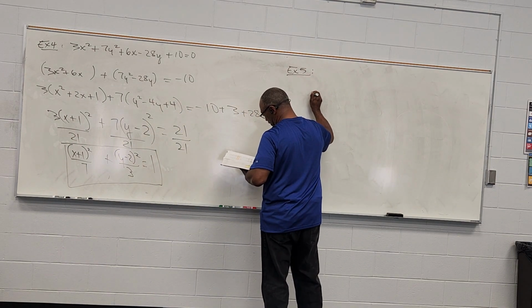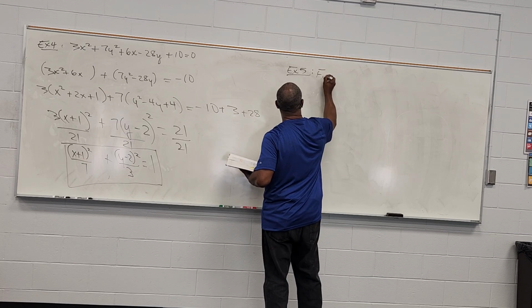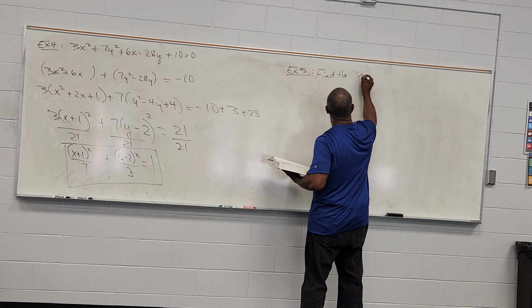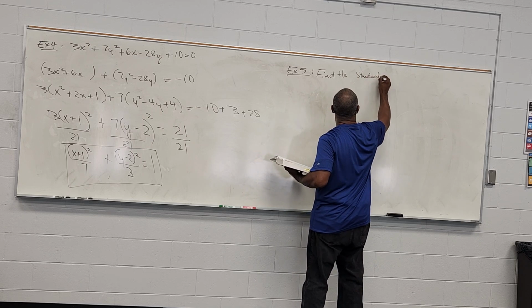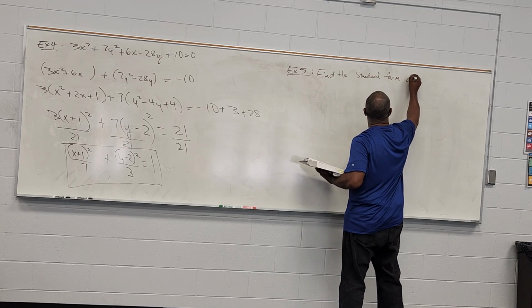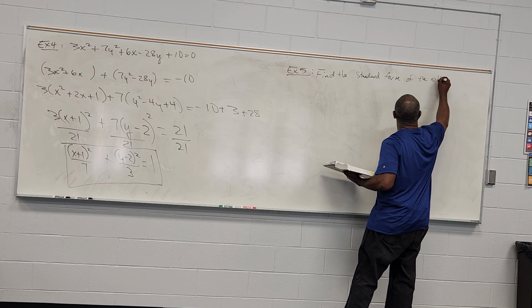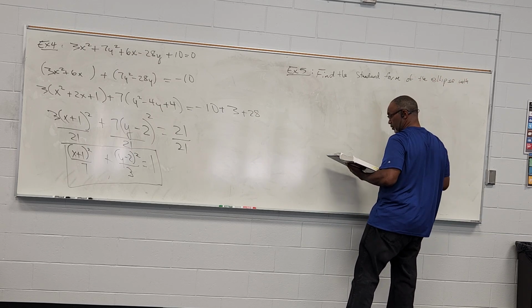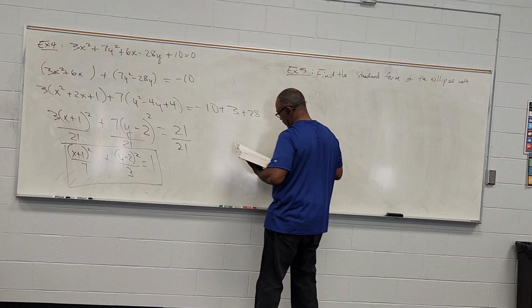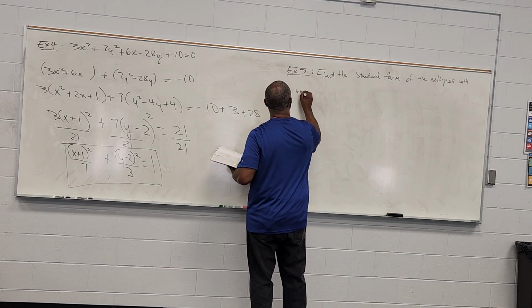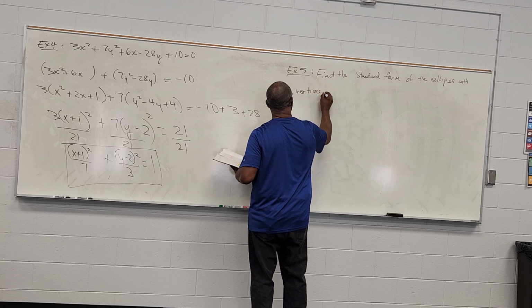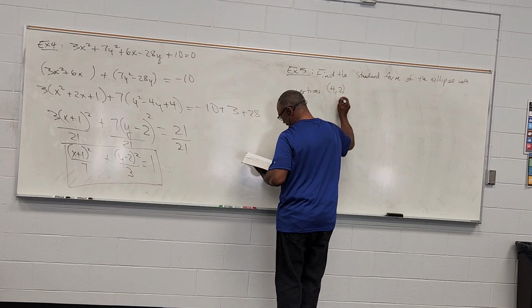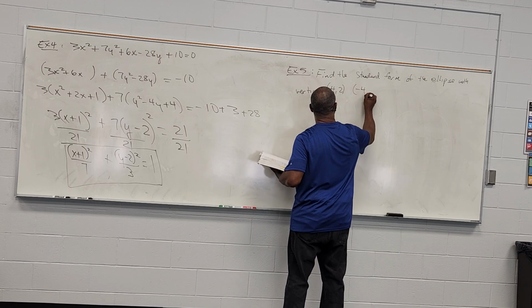Example 5, they say find the standard form of an equation of the ellipse with vertices 4 comma 2 and negative 4 comma 2.